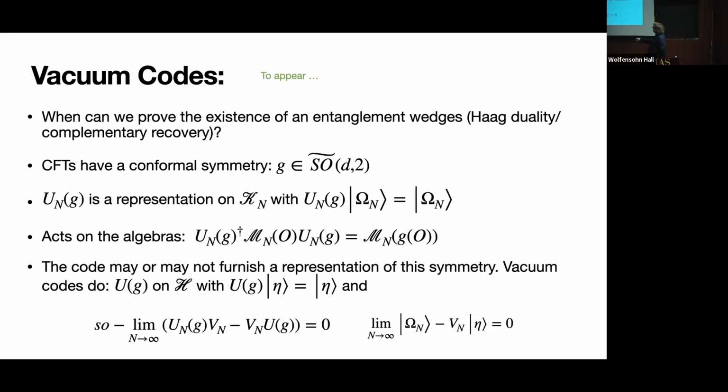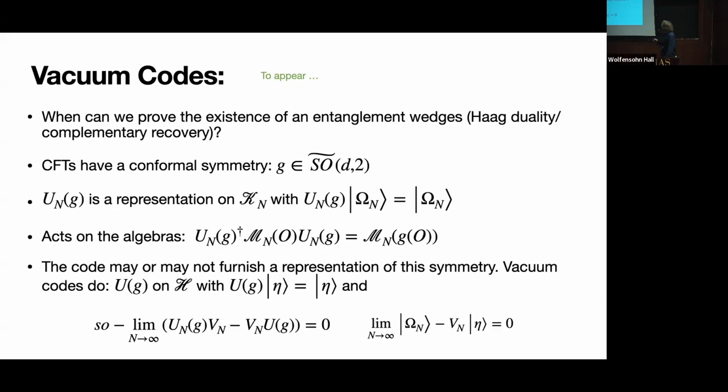Now the code itself may or may not furnish a representation of this symmetry. What you should think of here is that I'm in this strict large N limit, so I'm thinking about quantum fields on top of some background spacetime. If that spacetime doesn't have these symmetries, then the Hilbert space of those fluctuations won't realize that symmetry.